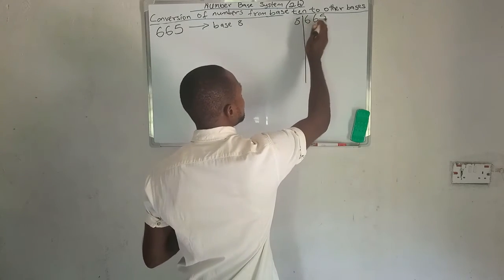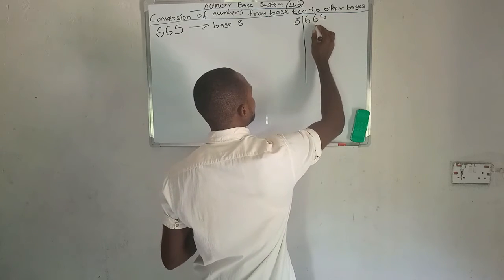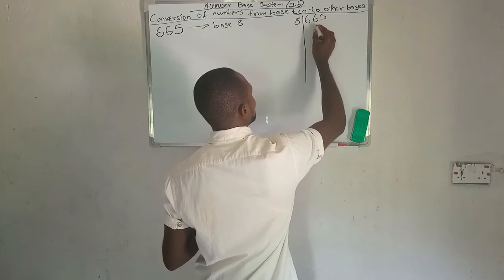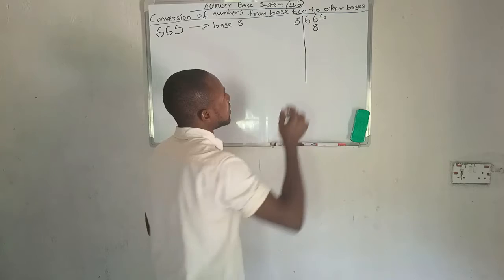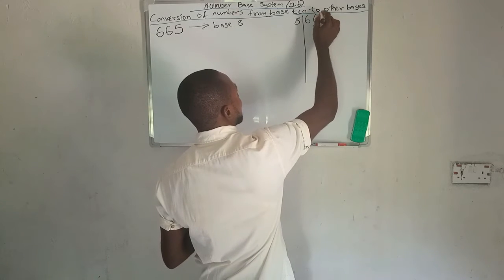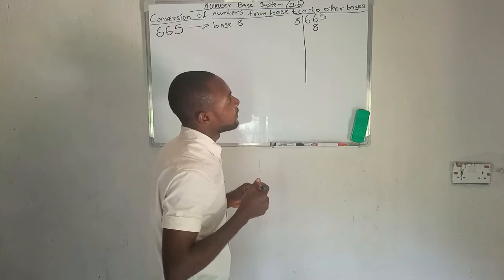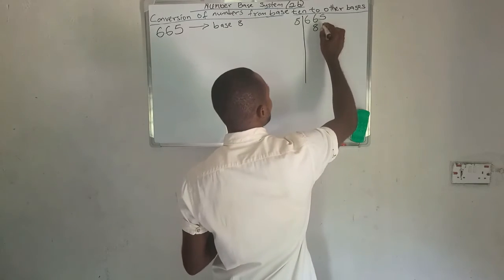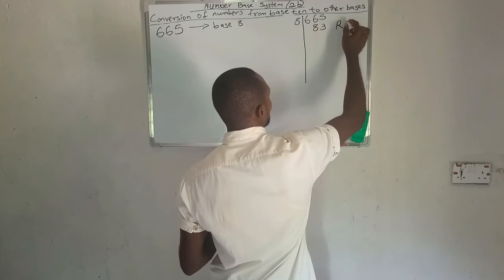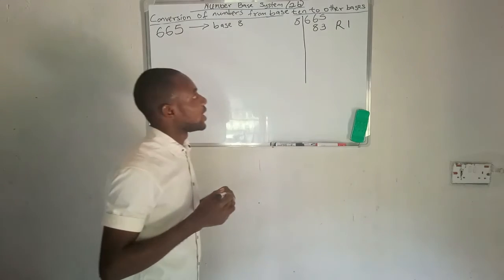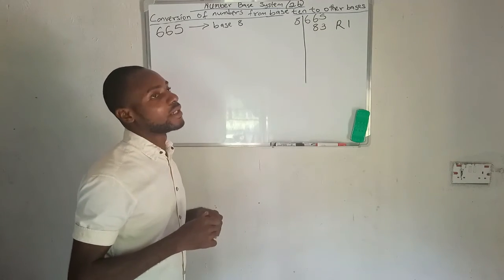8 divided into 665: 8 times 8 is 64, so this is 8 here, and 8 divided into 25, we have 25 here, sorry, and that will be 3, with a remainder of 1. So 665 divided by 8 will be 83, remainder 1.